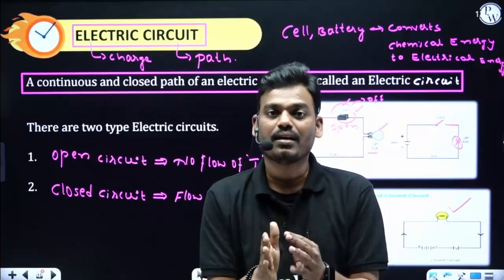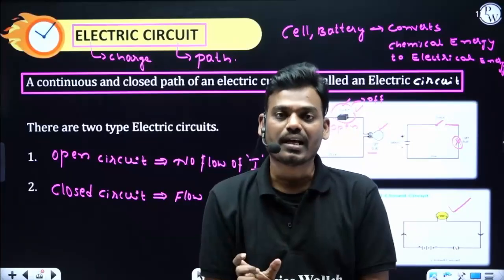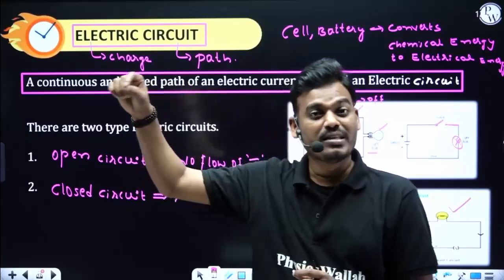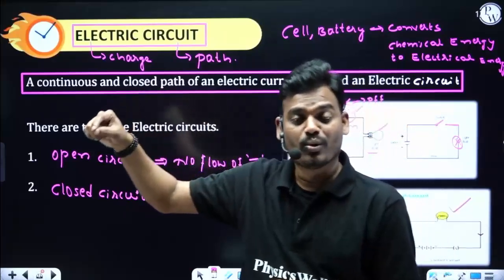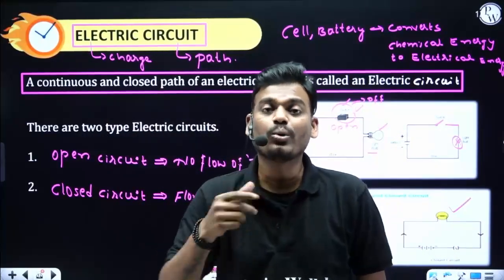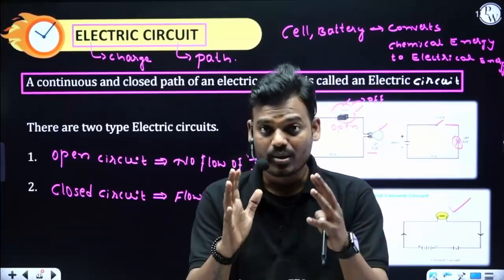How to represent those electrical appliances in the circuit? We cannot always draw a fan, an AC, or a TV. So in the simplest way, how do we represent all these devices in an electric circuit?